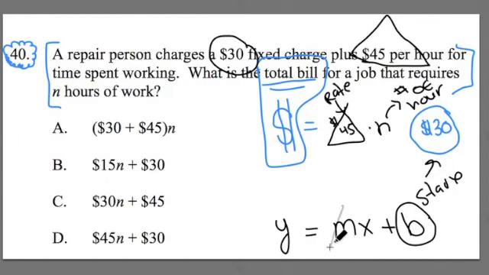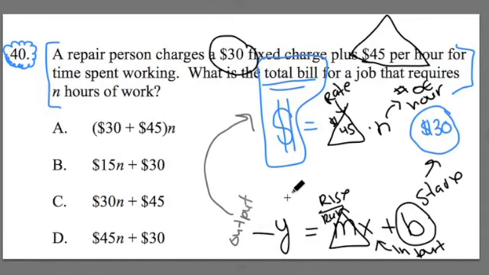And m refers to your slope, the rise over run relationship in a linear equation. And x is your input, and y is your output. In this case, our output is going to be the total bill.